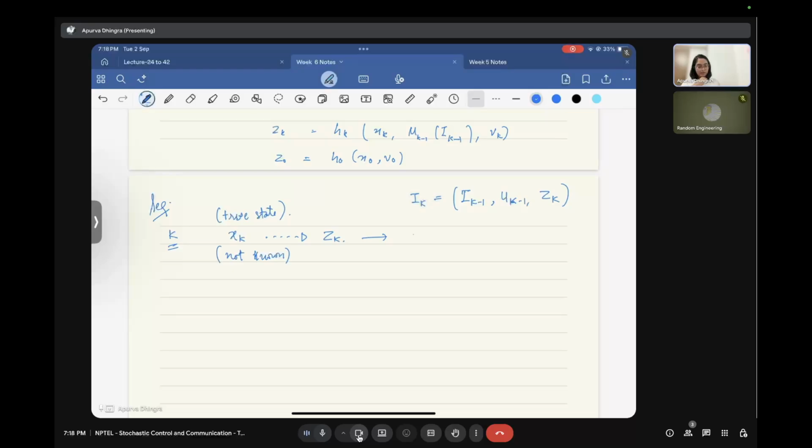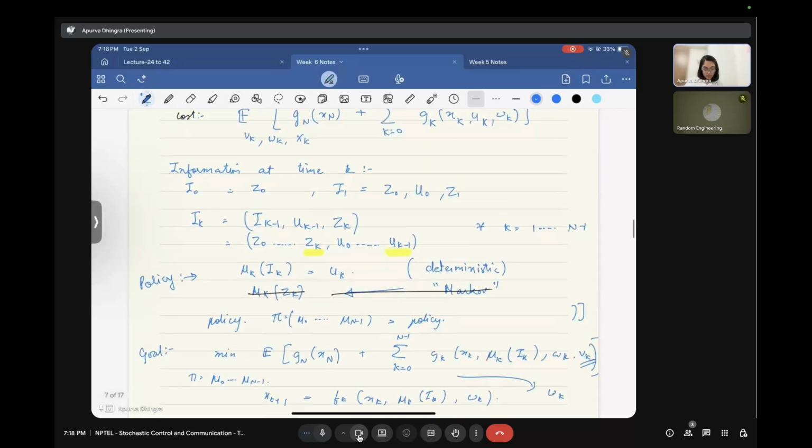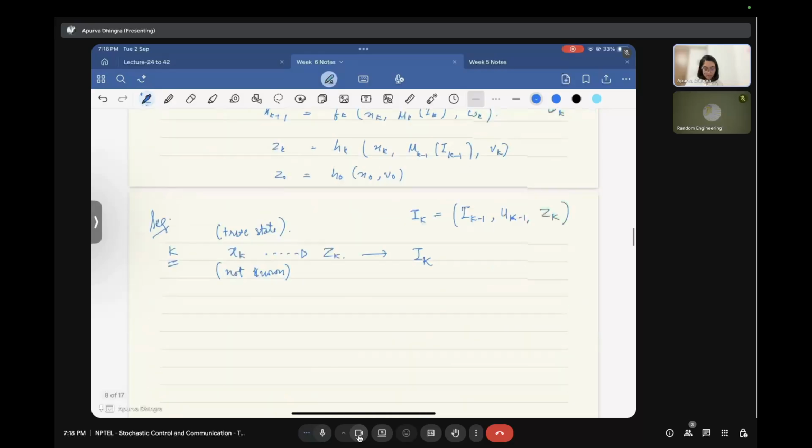Right, so now at this time step, I've already written ik, never mind.